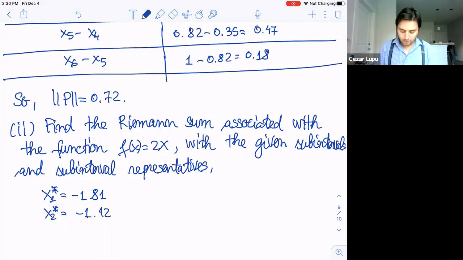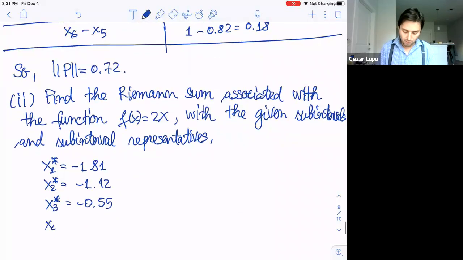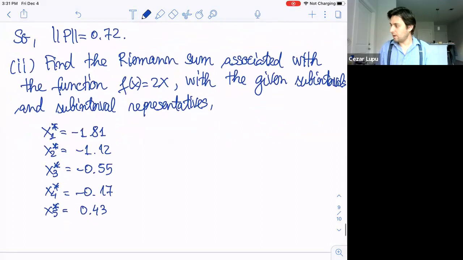Okay, x3 star is negative 0.55. x4 star is, let's say, negative 0.17. x5 star is 0.43. And x6 star, we're going to take something close to 1, 0.94. All right, so these are the representatives, the intermediary points, this is what we call them.